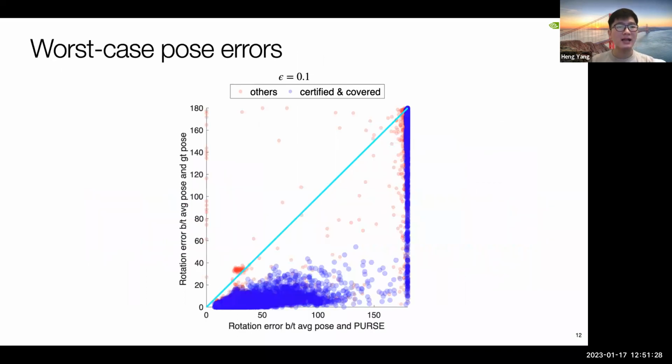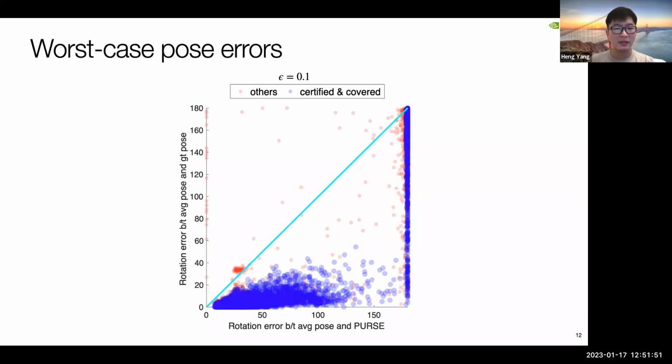Then the last thing that we care about is now I'm computing my error bounds. Are my bounds actually valid bounds for the ground truth? Here I'm showing this interesting plot, which I think is very insightful. We are plotting rotation errors on both the x and y axis.